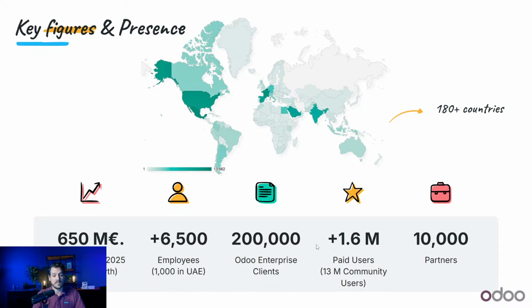Also, Odoo has more than 200,000 Odoo Enterprise clients. And in total, we have more than 1.6 million paid users, plus 13 million community users on our community platform. As well, we have about 10,000 partners helping us implement and sell Odoo across the world.